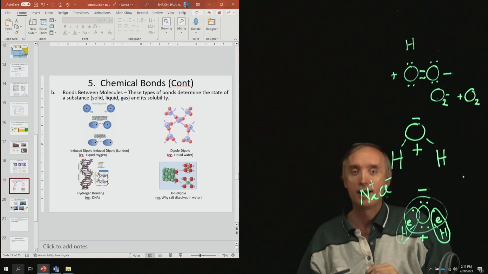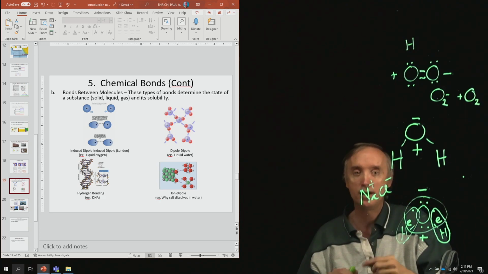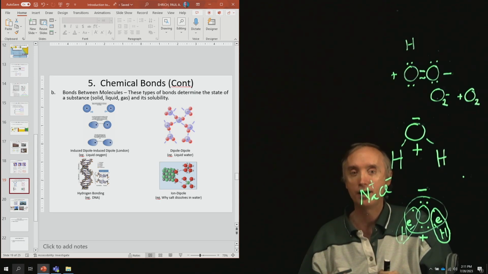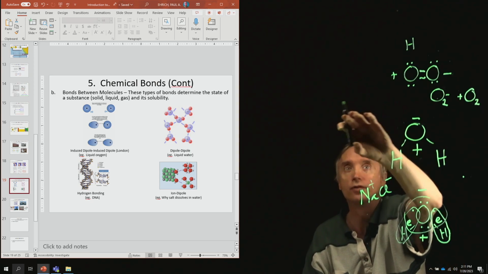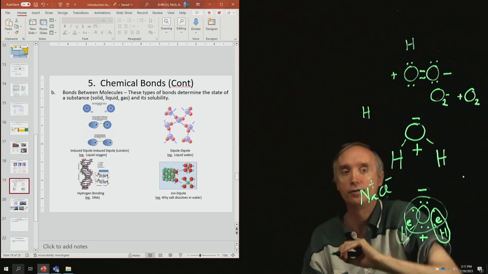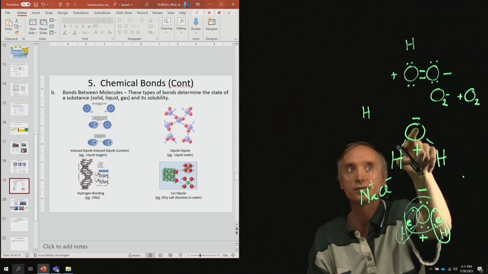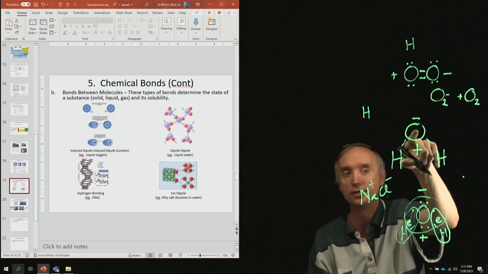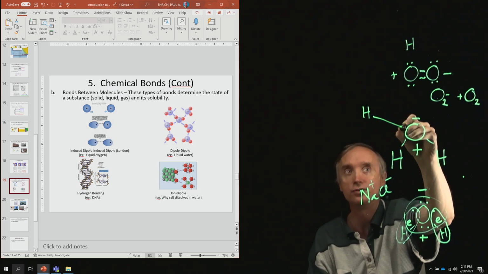Cool. And then the one that's on the bottom and over on this corner is yet another kind of bonding, and this one is going to be called hydrogen bonding, in which you've got some kind of a molecule over here that just happens to have hydrogen on it, and it's going to see this very electronegative atom, and it's going to be attracted to it.